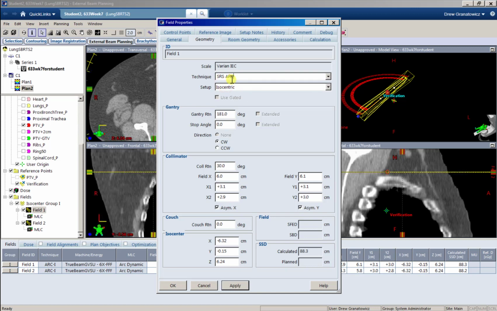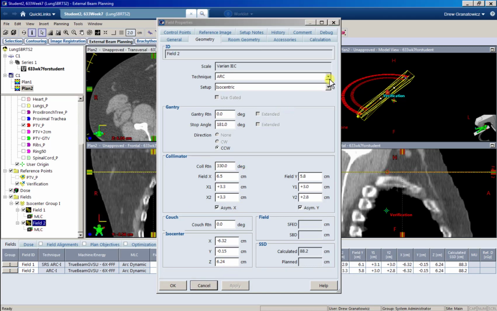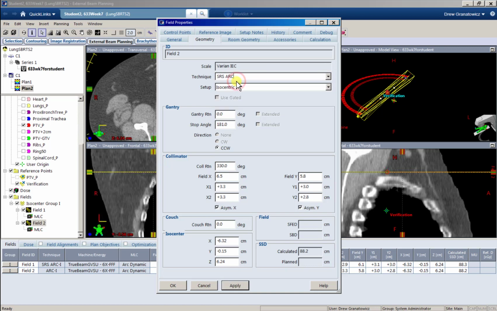We're going to change both of our fields to SRS arc. Those limits can change, clinic to clinic. For example, at my main clinic, we have that MU capped at 1500 for arc, but for SRS arc, that limit is, I think, 3000 or something like that, something much higher.